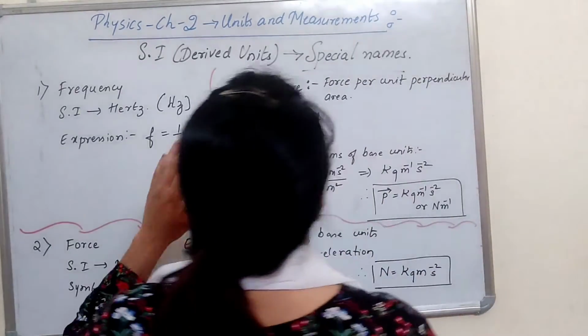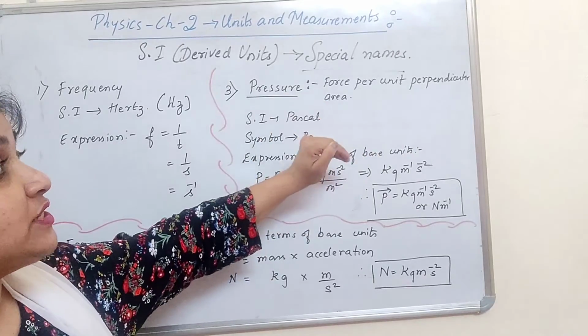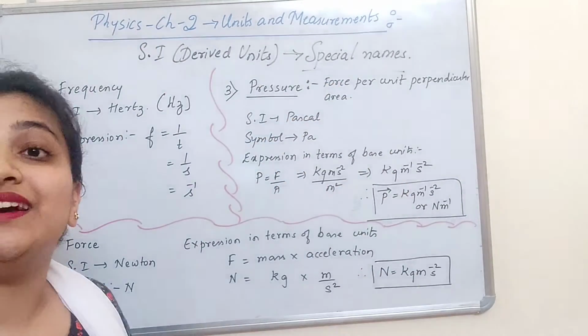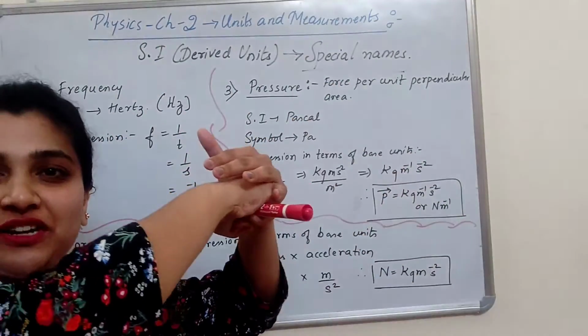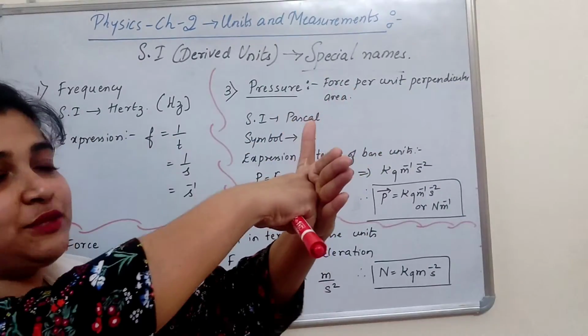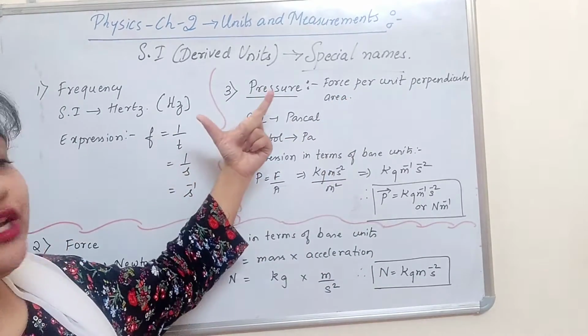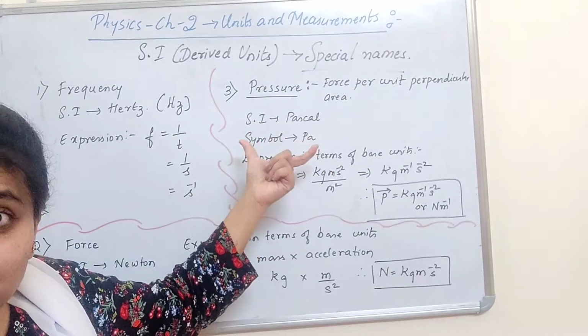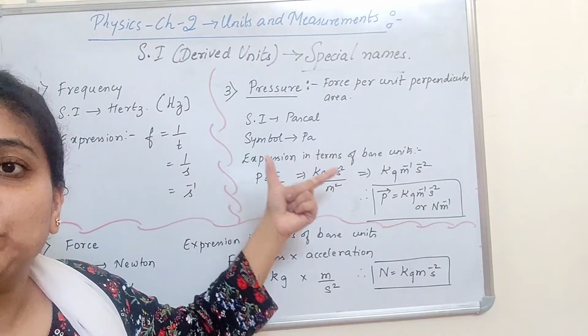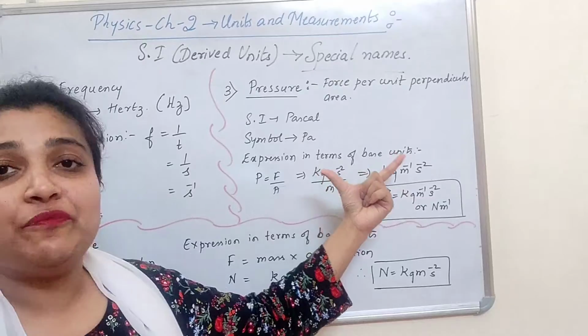Alright, now the third one is pressure. What is pressure? Pressure is nothing but force applied to that particular area. I am giving a pressure, right? So I am applying a force to this area. So force applied to this particular area is nothing but pressure. So therefore, the SI unit of pressure is Pascal and the symbol that we use is Pa. Okay, Pascal and Pa. Expression in terms of base unit.